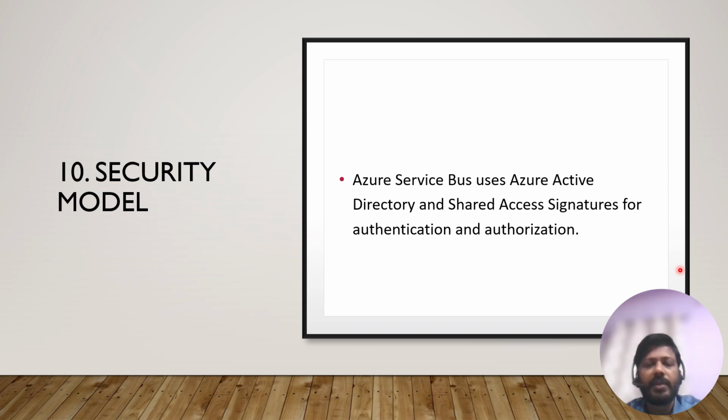Permissions can be scoped to send, listen, or manage. Network security can be enhanced using private endpoints. You need to understand the security model as well, because from a security point of view, enforcing access control is important when using enterprise messaging.